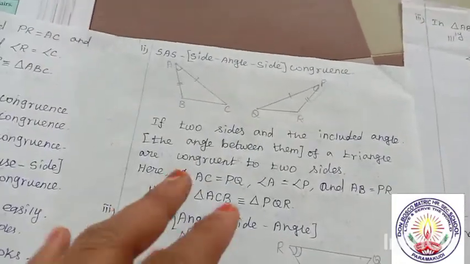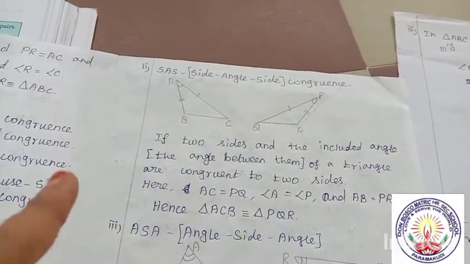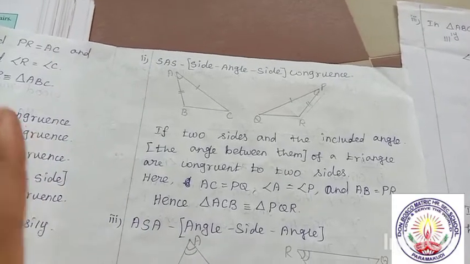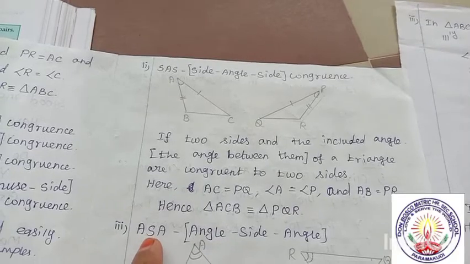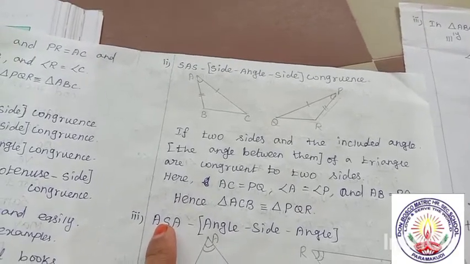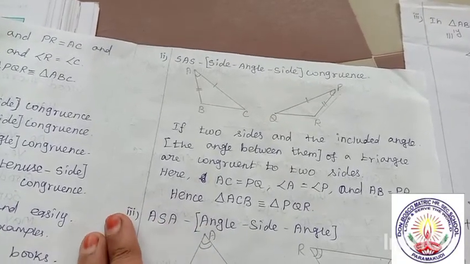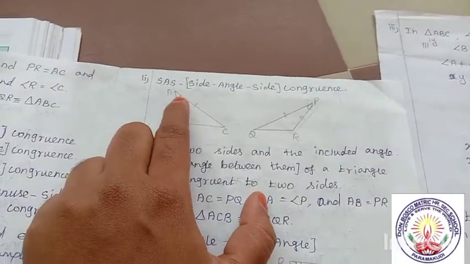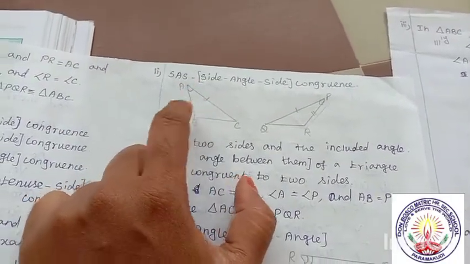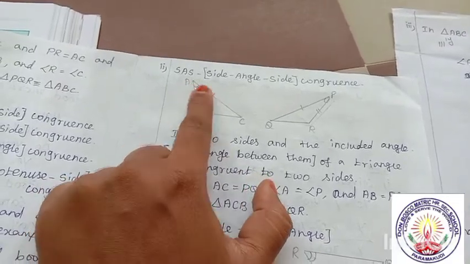Third one: first one is side, second one is side, angle, side, third one is angle, side, angle. First one has all 3 sides, second one has 2 sides and 1 angle, third one has only 1 side and 2 angles.